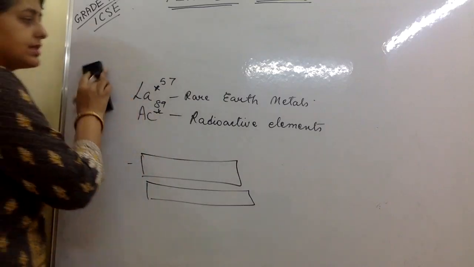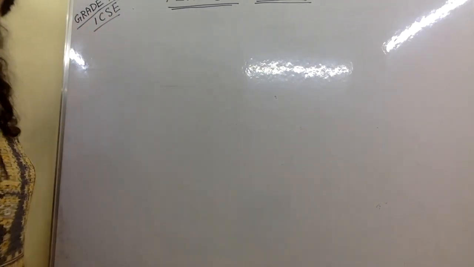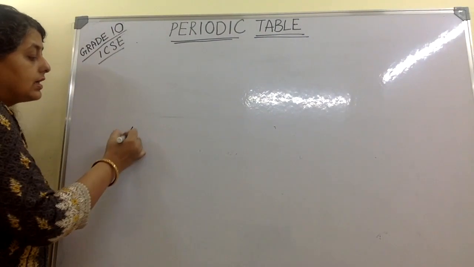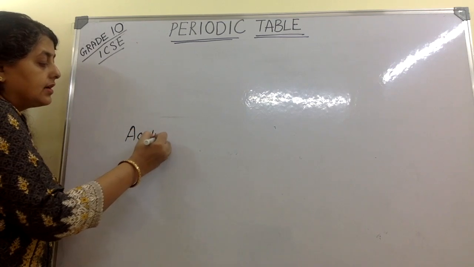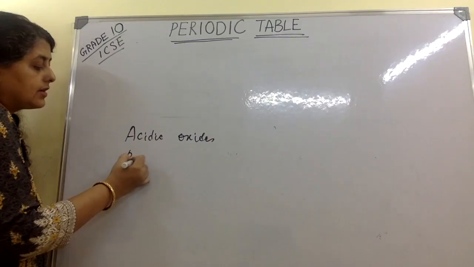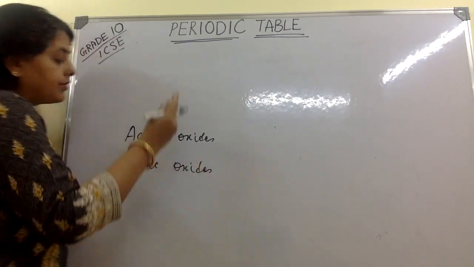Now coming to another concept that you all should know by now, and once the whole syllabus is over you'll know it even better. What are acidic oxides and what are basic oxides? I don't know why I keep telling this to my students, but they keep forgetting.